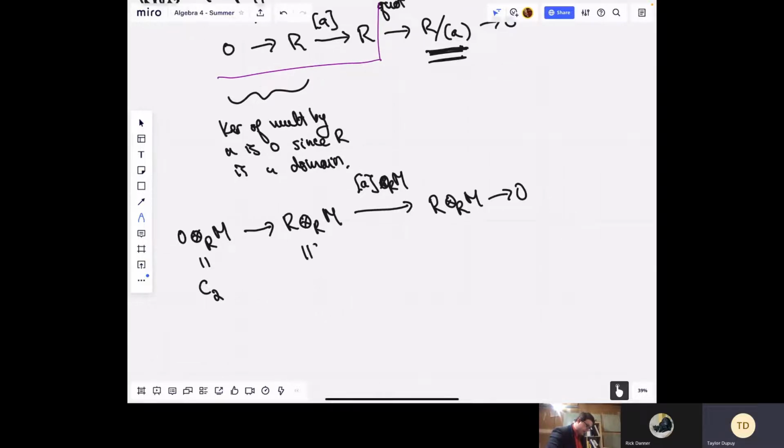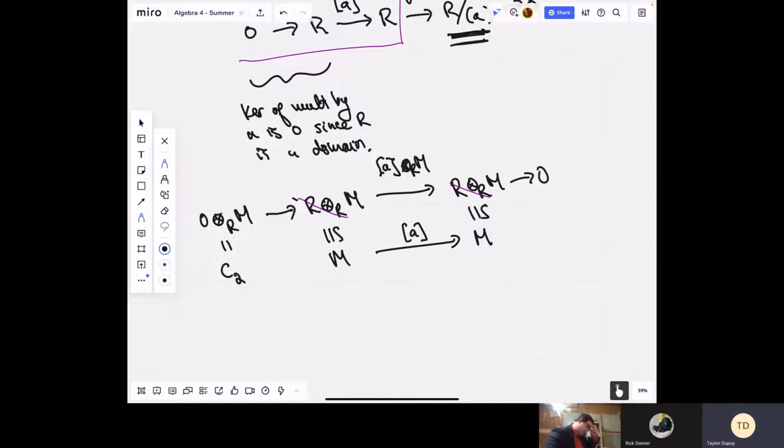Okay, this is just M because the R's cancel. That's the thing we know about tensor products. And this is isomorphic to M. Okay, and then I claim that this map here is also just multiplication by A under this isomorphism. So that's maybe something to check.